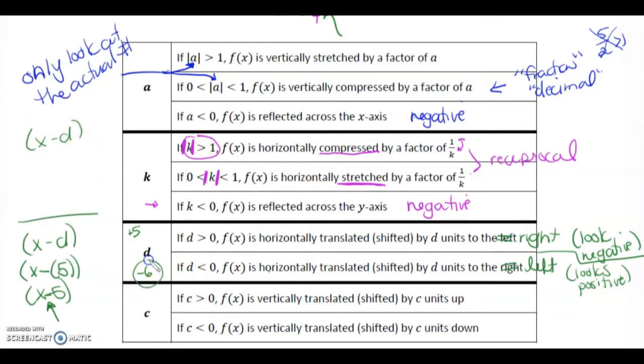If we plugged in negative 6, which is d is less than 0, negative 6 would move to the left, but in the bracket, it'd be x minus negative 6, like that. And then it would simplify to x plus 6. So again, this is looking positive, but it's actually negative.